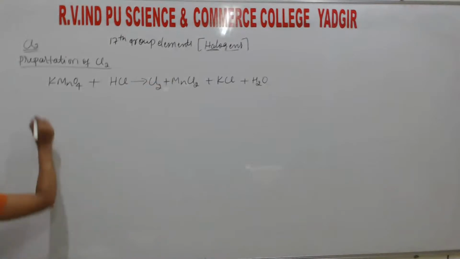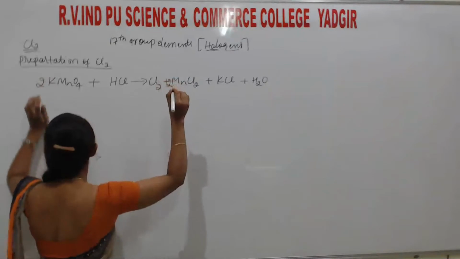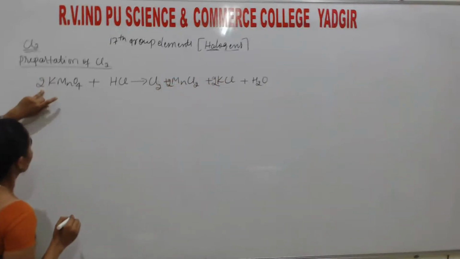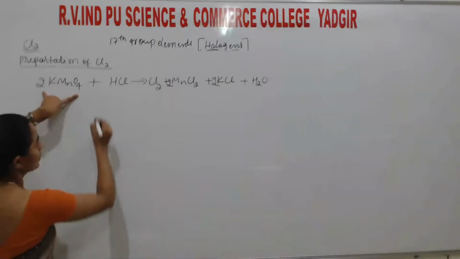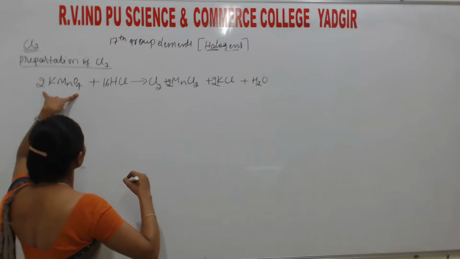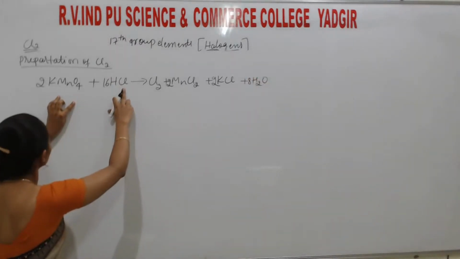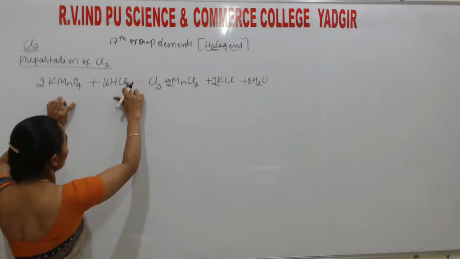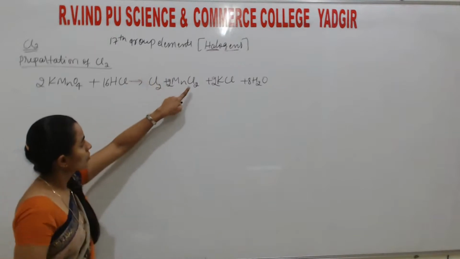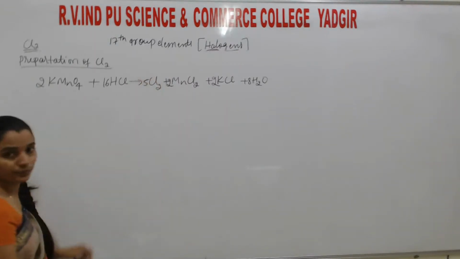Okay, so we take 2 KMnO4, so 2 MnCl2 and 2 KCl, and the remaining is 8H2O, and this Cl is how many times? 16 HCl, so 5 Cl2.